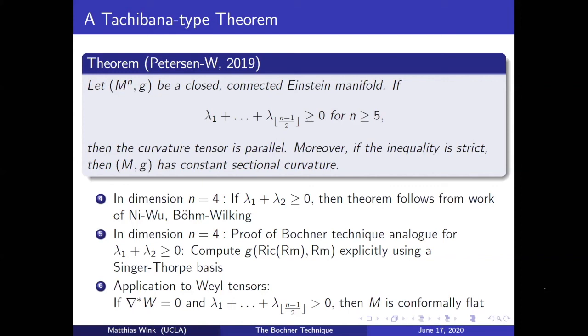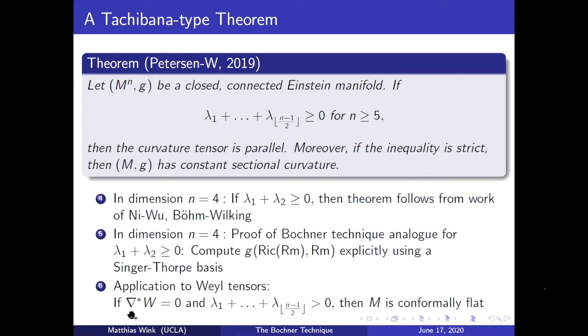Great. And to conclude, I'd like to remark that there's a similar theorem for Weyl tensors, so a subclass of algebraic curvature tensors or curvature tensors on a manifold. What do we need? Again, we need the Bochner formula. So we've seen for an Einstein manifold, Einstein implies divergence-free curvature tensor.